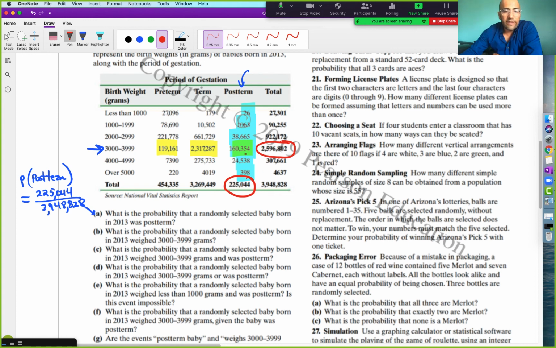There's only one little hiccup, and that's that these people are part of these, and these babies are part of these, right? So these 160 have been counted twice if I just add these two numbers. So I'll have to remove them once. So this number plus this number minus that number will give me the answer I want.